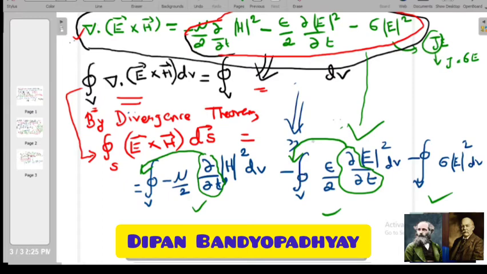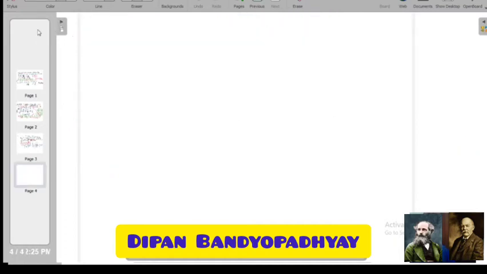So if it is constant over time, I can take the del t outside of the integral. Then we can write the equation like this.